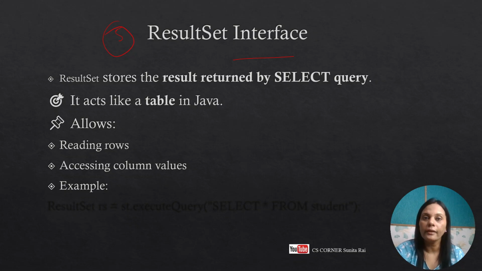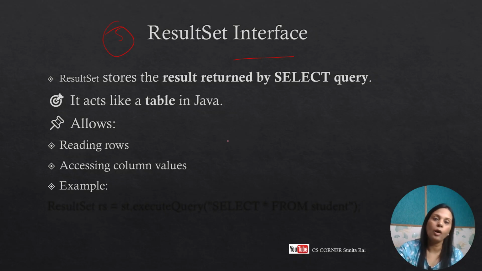Can I store that entire table data in a string variable? No, I cannot. So for that, we should have a special type of variable which can hold all the table data or the result of a select query. For that we have result set. It stores the result returned by a select query and it acts like a table in Java, right?